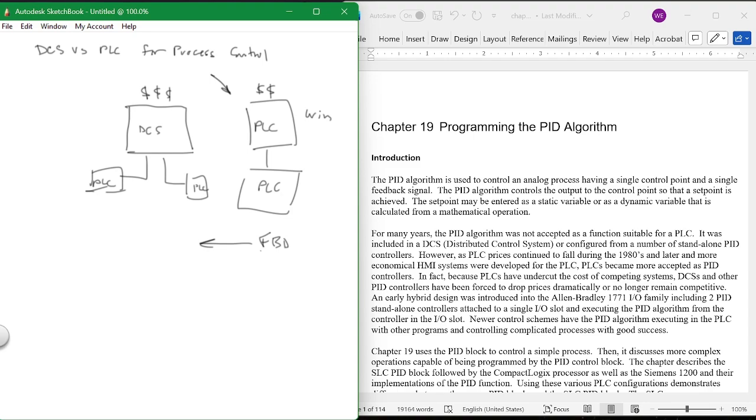One of the things that is problematic with PLCs is the update of the data. So the data in and the data out has to be something that you take care of very well.